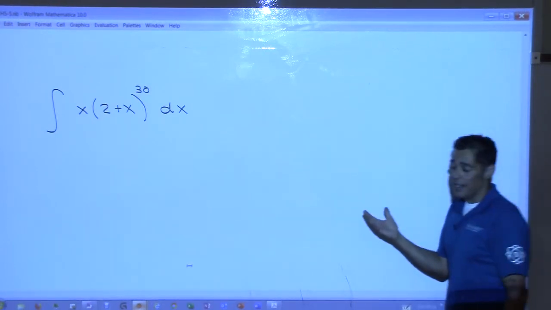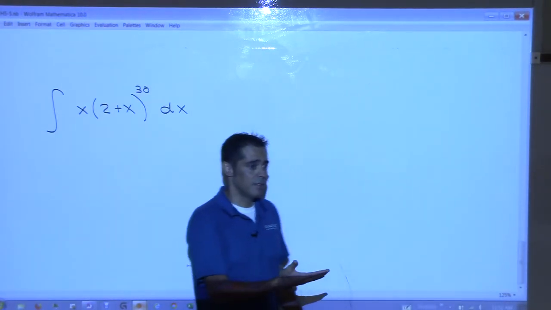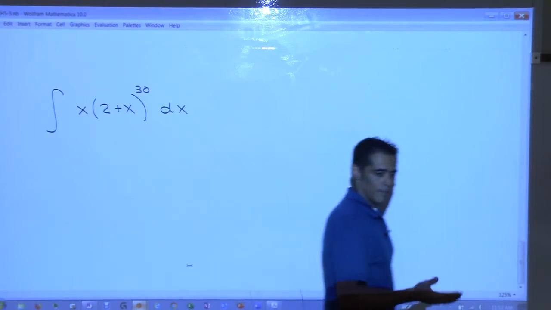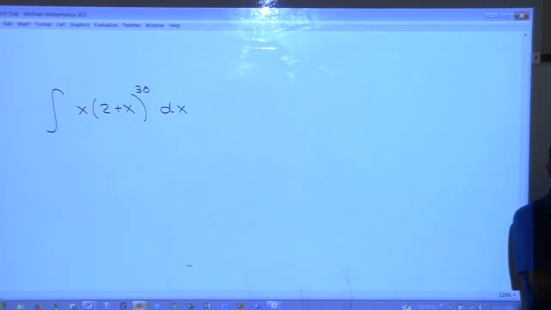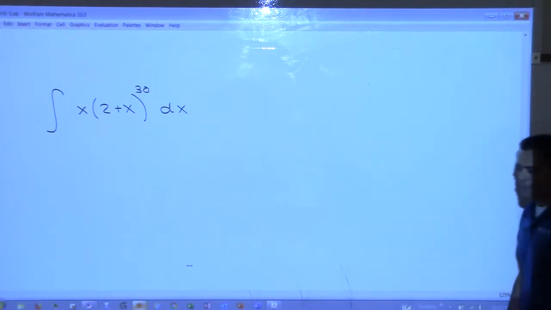The one I just did really wasn't obvious. It took a pretty big realization that x to the 6th could be visualized as x cubed squared. This one, the substitution just doesn't seem like it's going to get you anywhere, but it does.